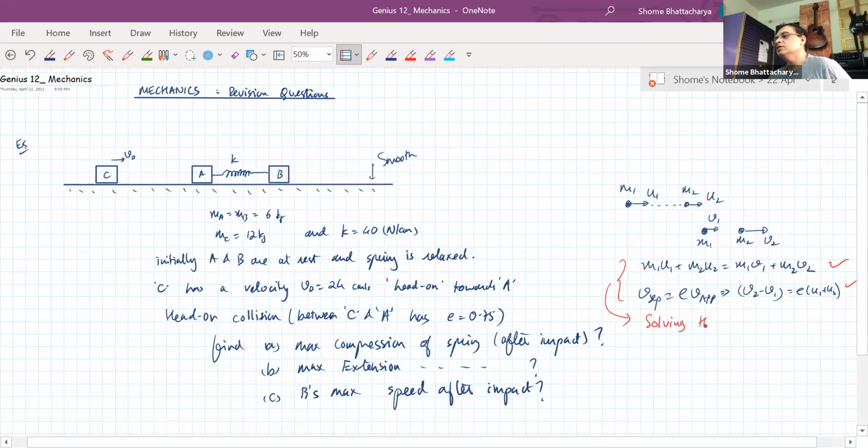Solving these equations, we get the very important formula that v1 is equal to (m1 minus e m2) upon (m1 plus m2) times u1, plus m2 into (1 plus e) upon (m1 plus m2) times u2, and similarly v2 is equal to m1 into (1 plus e) upon (m1 plus m2) times u1, plus (m2 minus e m1) upon (m1 plus m2) times u2.